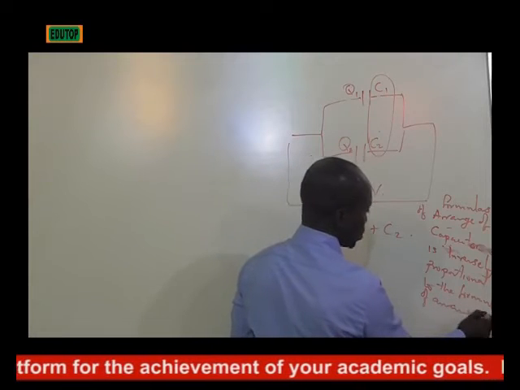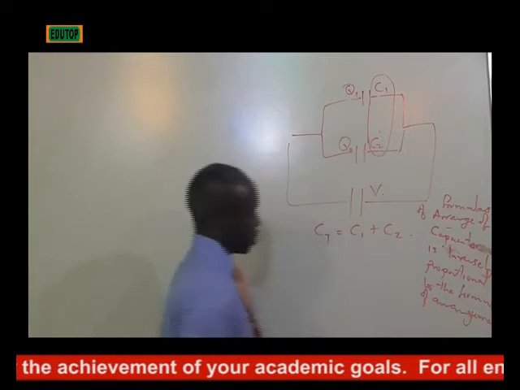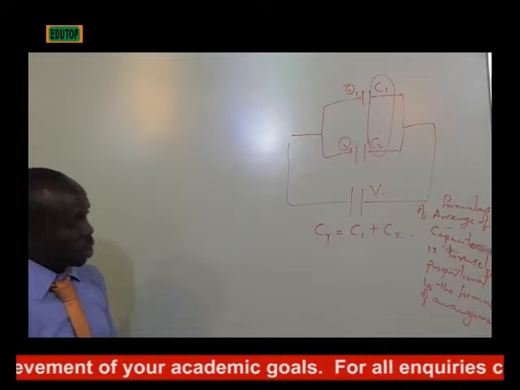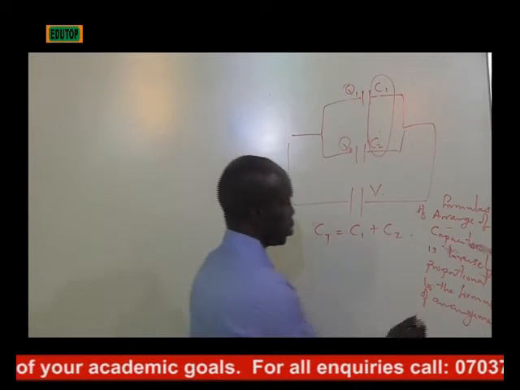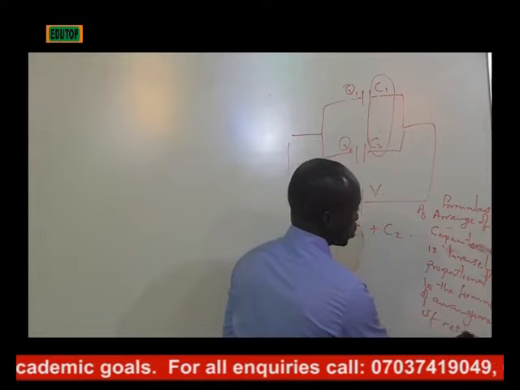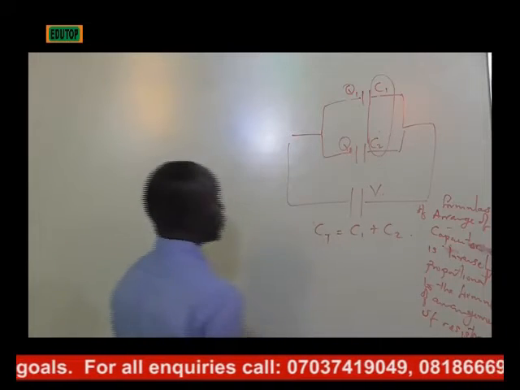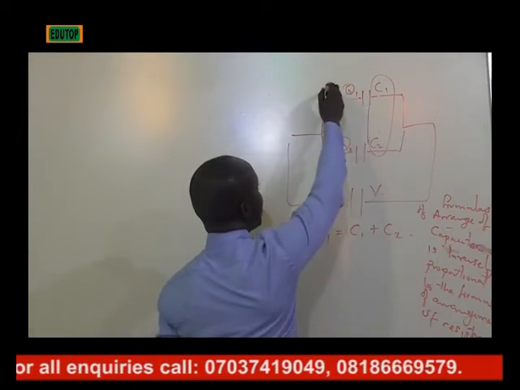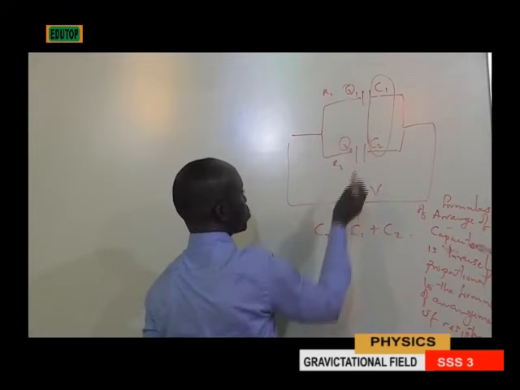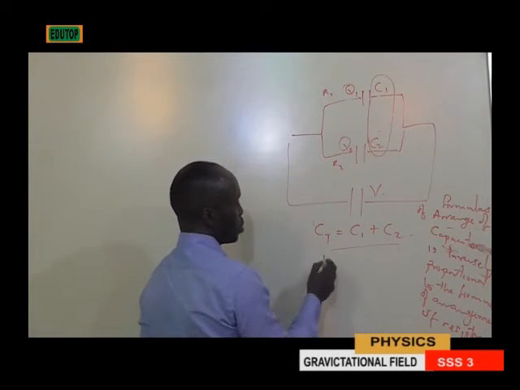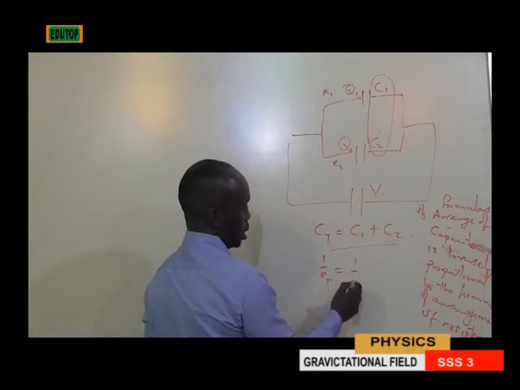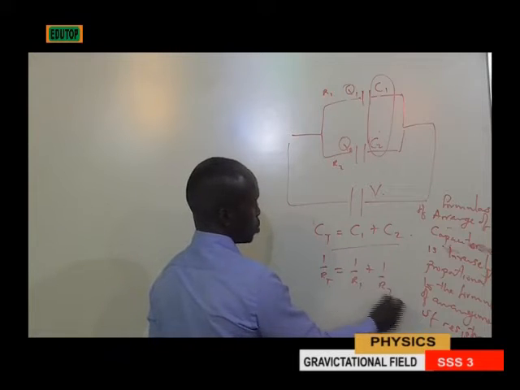I'm definitely writing this so that you'll be able to get it straight up. What do I mean? If what we have here is, let's say for instance, R1, R2, definitely it won't be this. It will just be 1 over RT, you get R total, 1 over R1 plus 1 over R2.